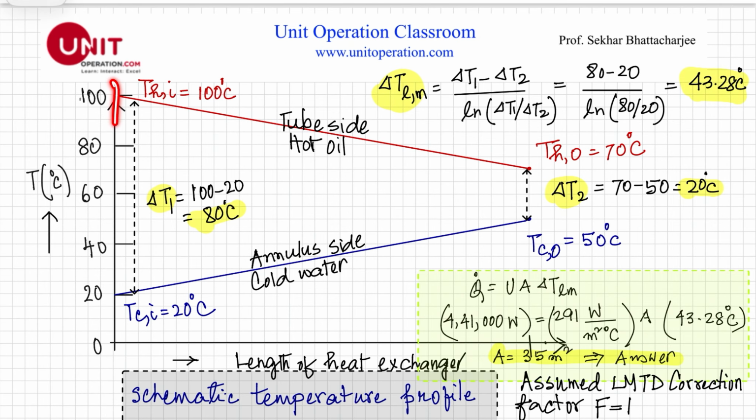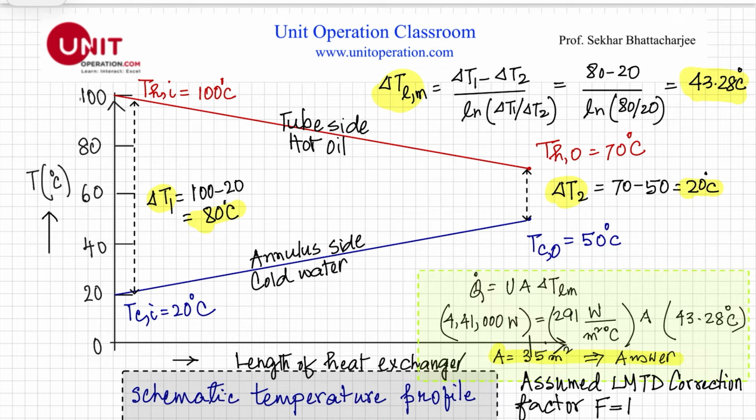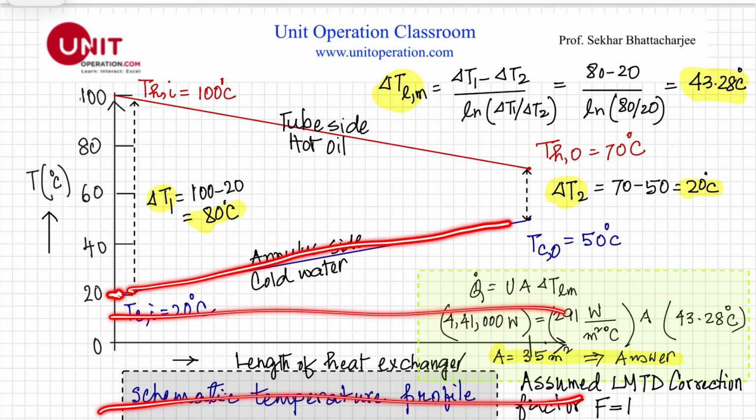Of course, if we look at this temperature profile, this is across the length of the heat exchanger. This is the tube side hot oil, at 100 degrees Celsius going to 70 degrees Celsius. And the cold water is entering at 20 degrees Celsius from the same end. Remember, this is a co-current heat exchanger. And on the other side, it's coming out at 50 degrees Celsius.